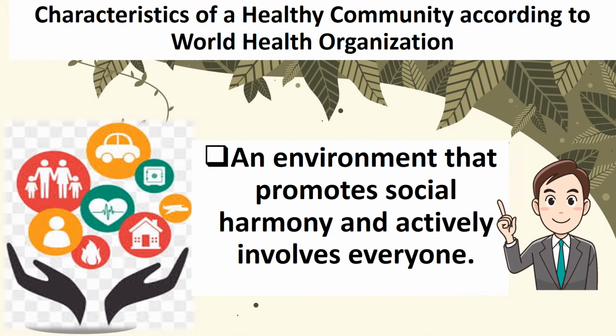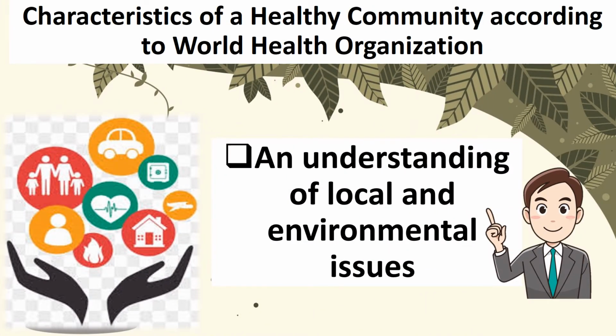The next one is an environment that promotes social harmony and actively involves everyone. People living in that place have good communication, collaboration, and are actively involved in different kinds of activities. The next characteristic of a healthy community is an understanding of local and environmental issues.